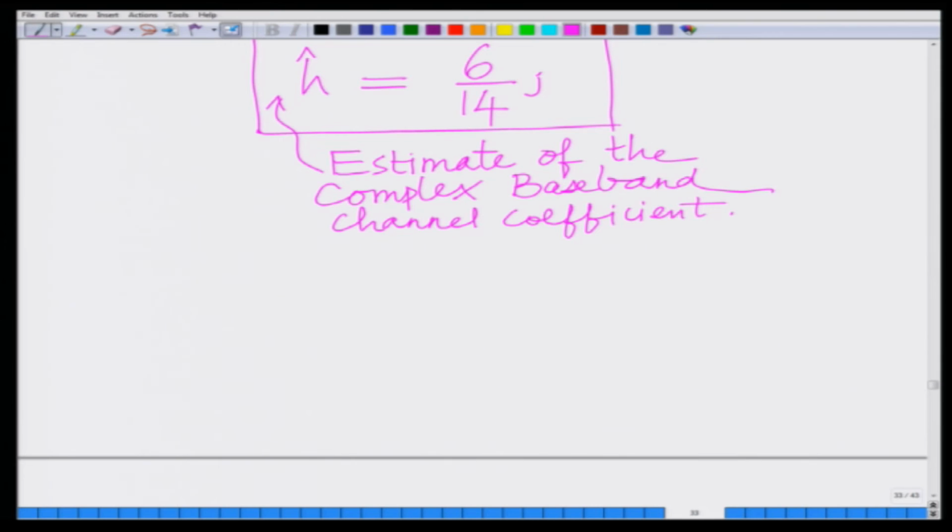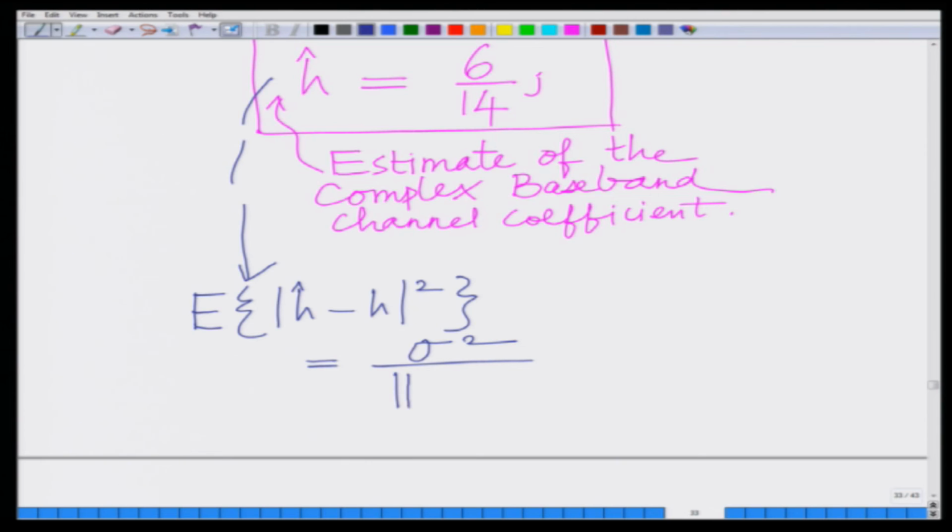Let us now compute the variance of this channel estimate, which we computed in the previous module, that is expected value of magnitude h hat minus h whole square, the average value of the square of the deviation. Remember, this is equal to sigma square divided by norm x bar square.